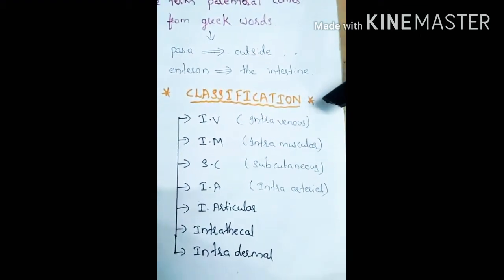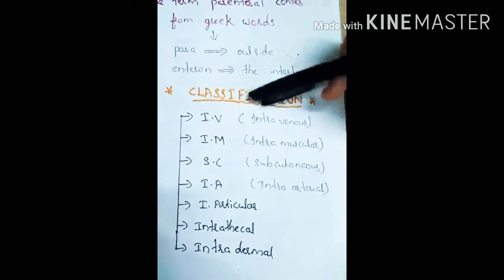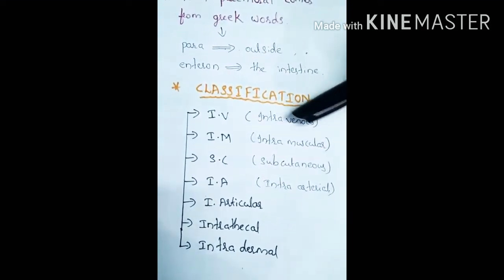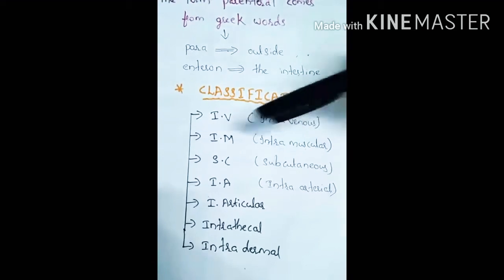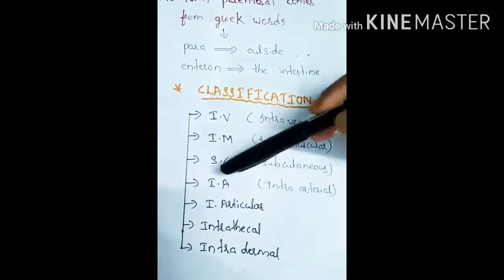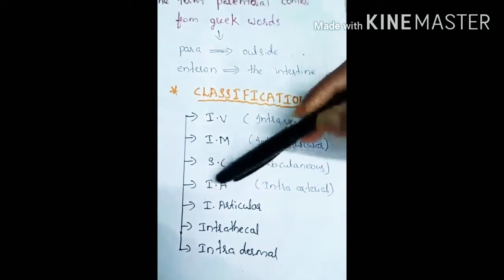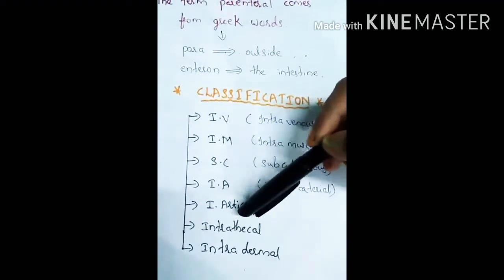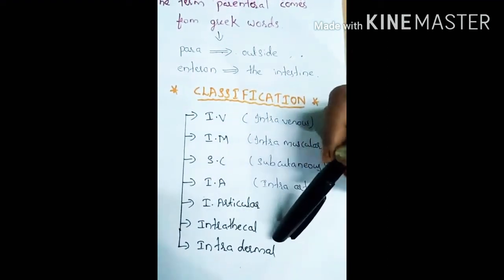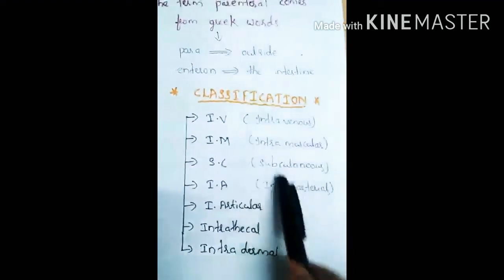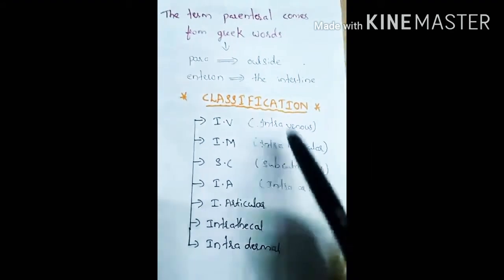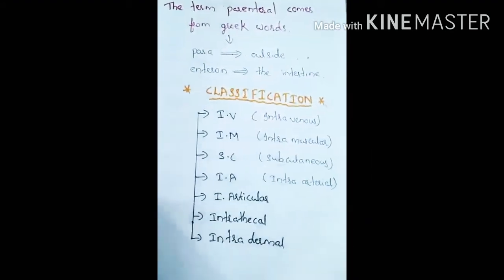The classification of parenteral route is IV, intravenous; IM, intramuscular; SC, subcutaneous; intraarterial, intraarticular, intrathecal and intradermal. These are all classifications of parenteral administration.